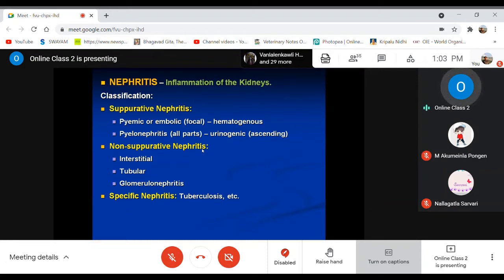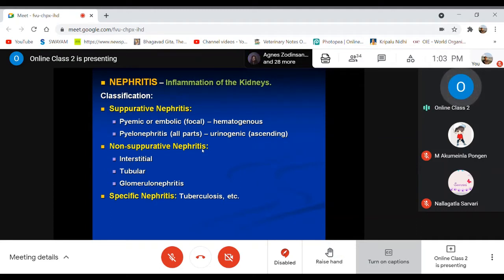Then the next type is pyelonephritis. Here almost all the parts, the kidney, the renal pelvis and the renal cortex, can be affected, and pus exudation will be formed. This kind of pyelonephritis is urinogenic. That means the organisms gain entry through the urine, so it is the ascending type.